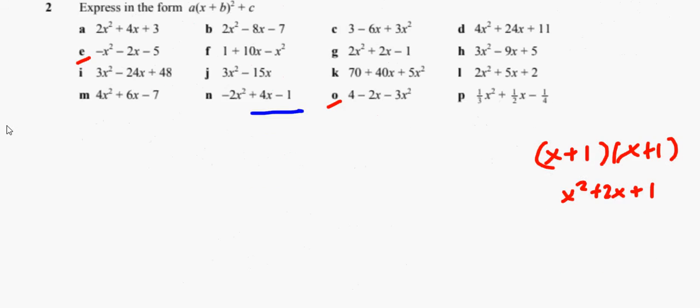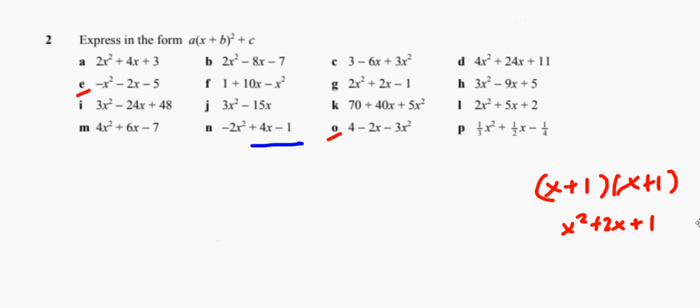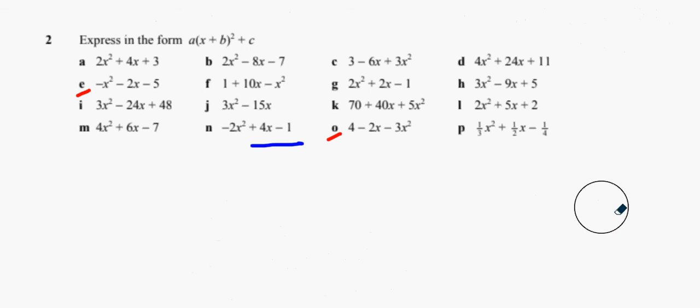Okay. So, next one is, what's this? 4 minus 2x minus 3x squared, alright?